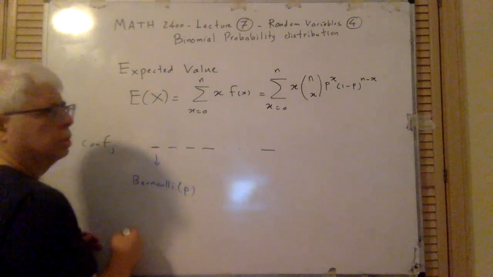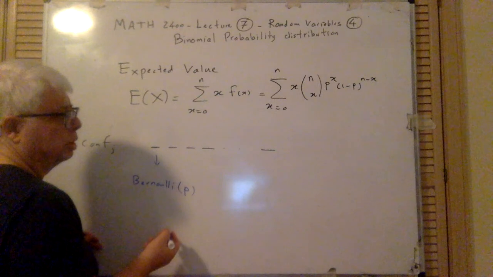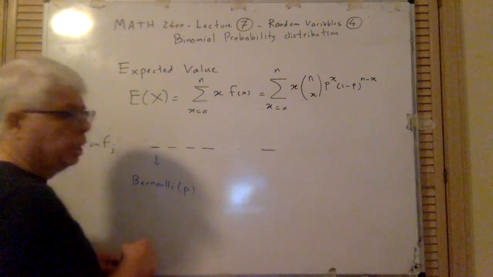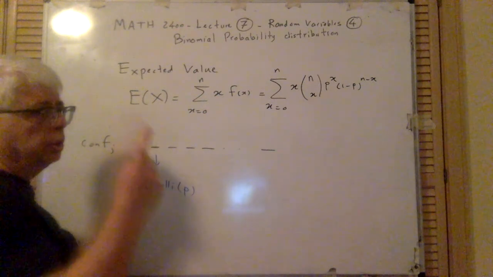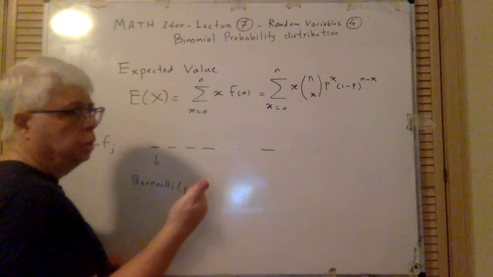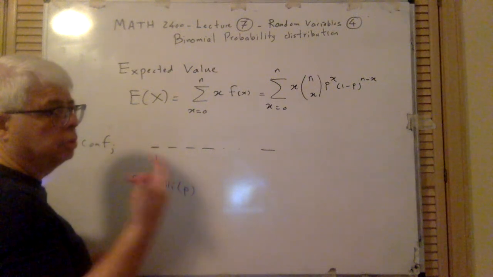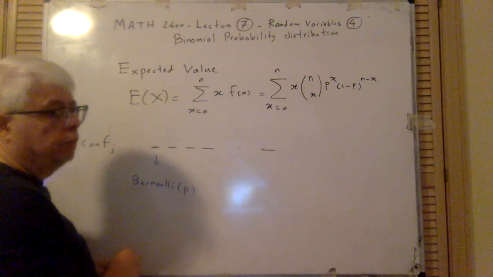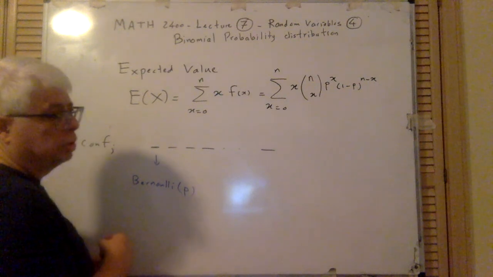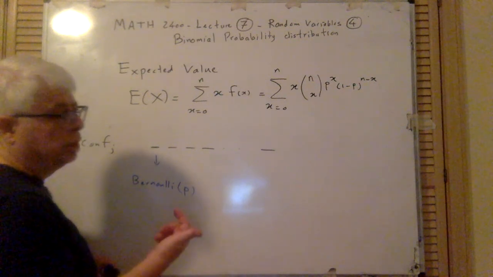What was a Bernoulli process? You do an experiment one time, and it has two possible outcomes, success or failure, and the probability of success is p, failure 1 minus p.